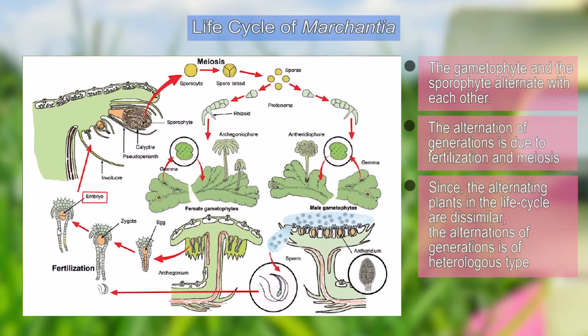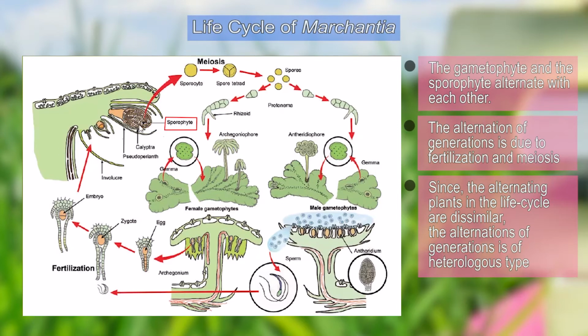What is an embryo? Embryo is when the zygote undergoes repeated cell division to form a multicellular structure known as embryo. And from the embryo, we get the sporophytic structure. As you can see, the developing embryo is very much dependent on the gametophyte for its food and nutrition.